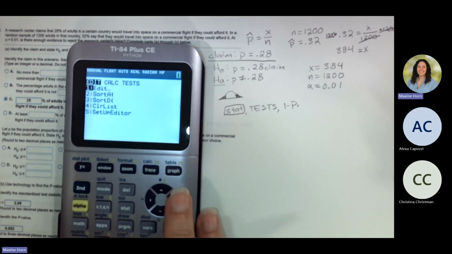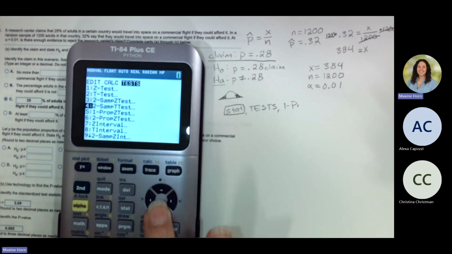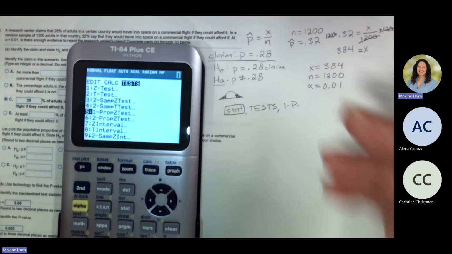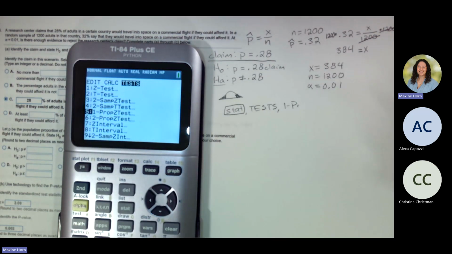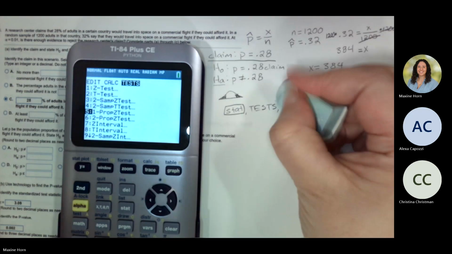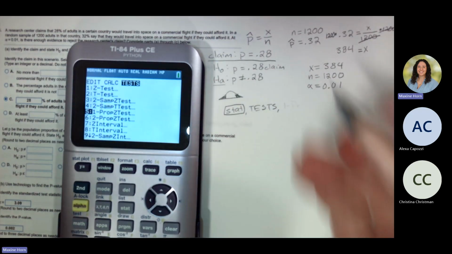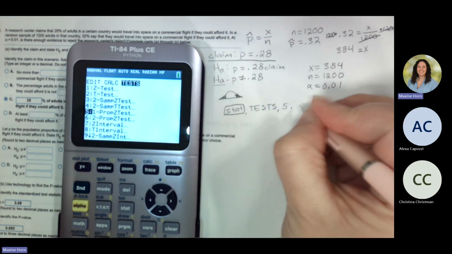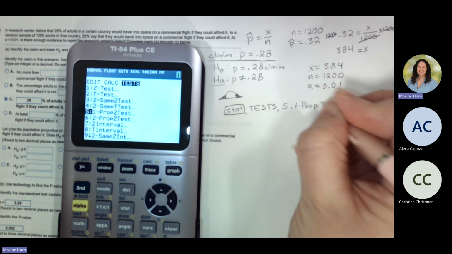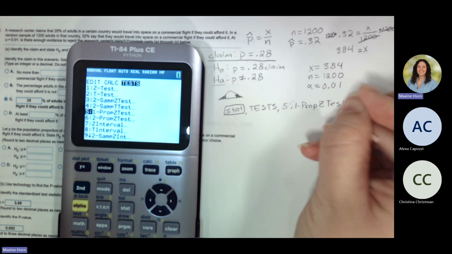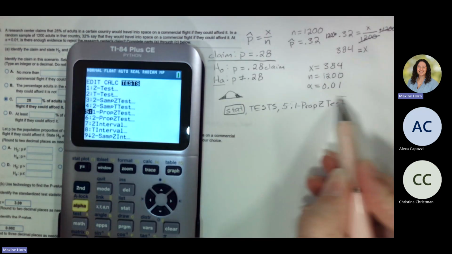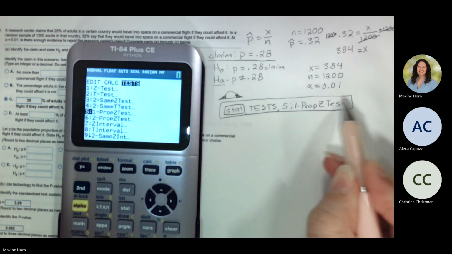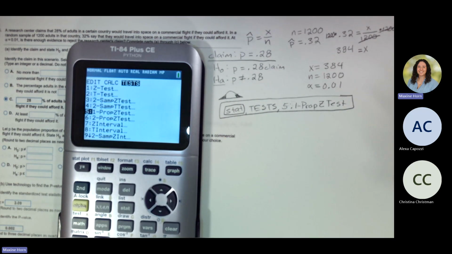We're still doing a hypothesis test, but you're going to go down to one prop Z test, which is number 5. I'm going to go all the way down to number 5, one prop Z test, right? This is the menu that we use when we're doing the proportion.